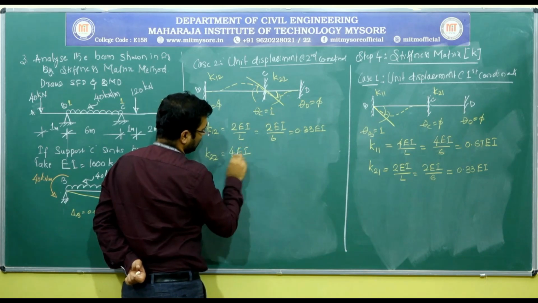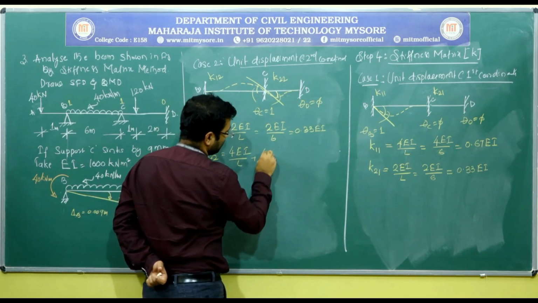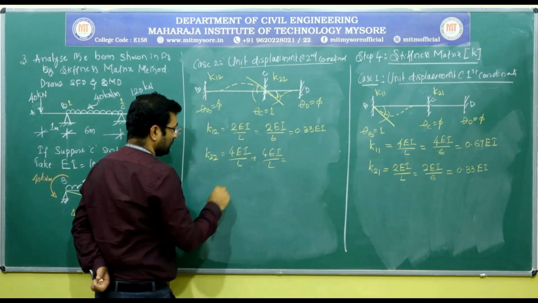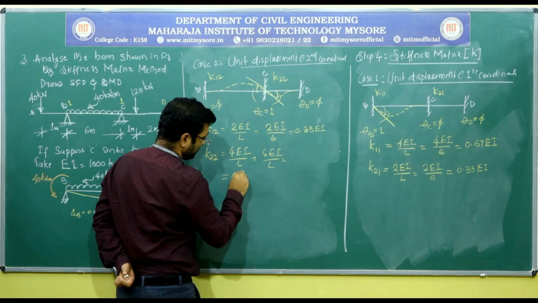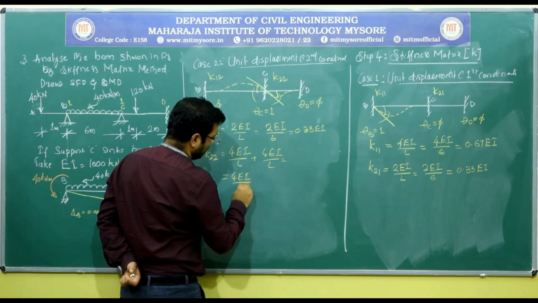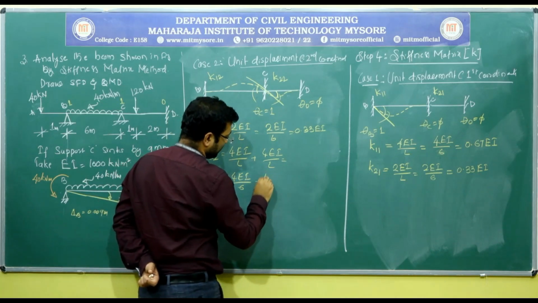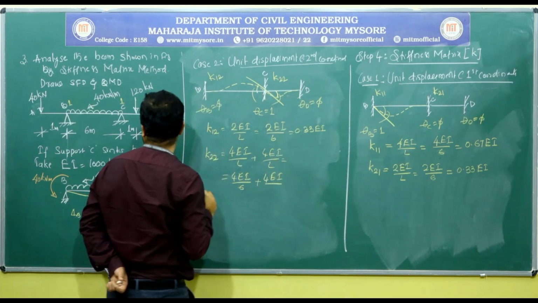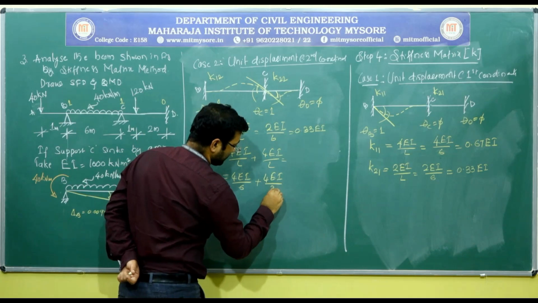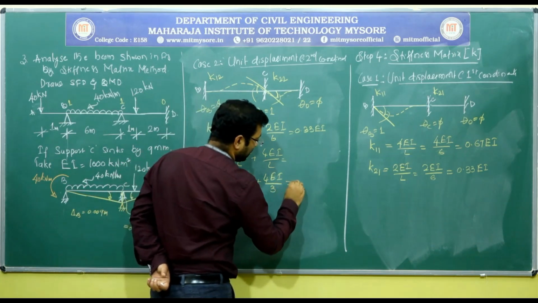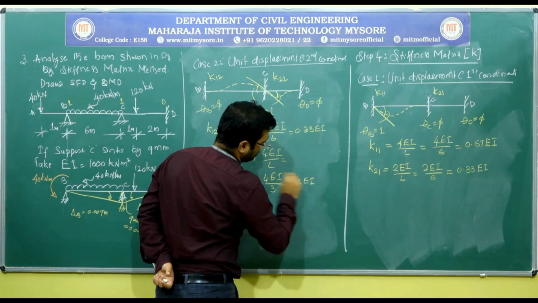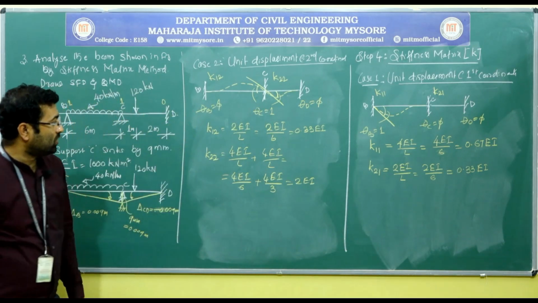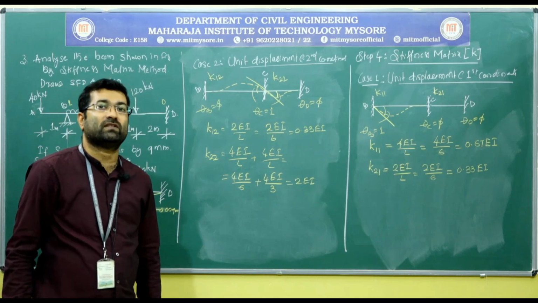So 4 EI by L plus 4 EI by L. If I substitute, 4 EI by 6 plus 4 EI by L for the second span, which is about 3 meter, this gives me 2 EI. So we have got all the 4 coefficients of the stiffness matrix.